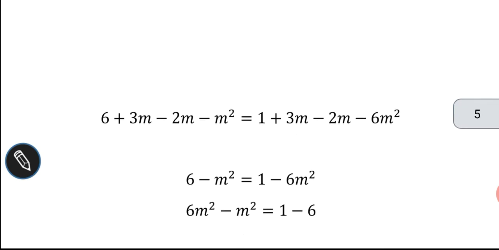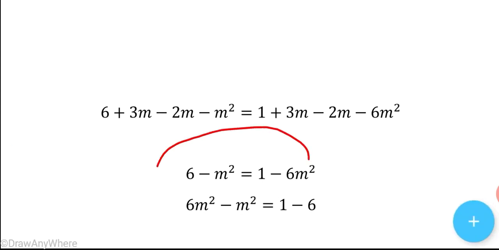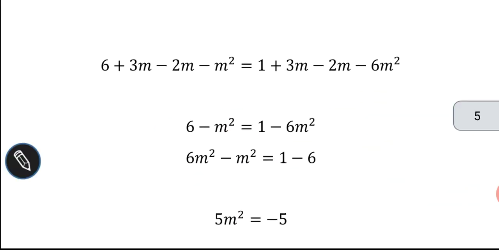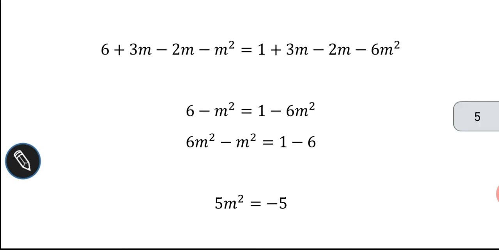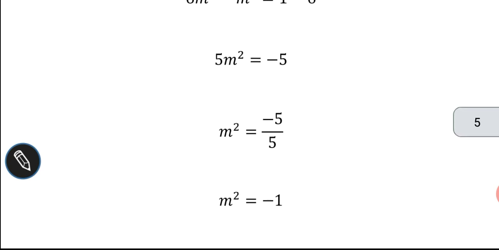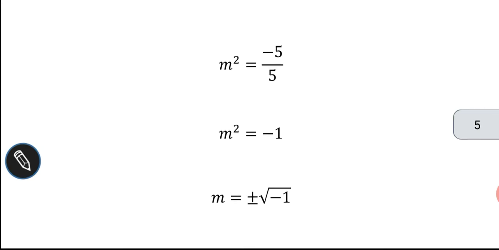Now move this 6m squared to this side, so it will become 6m squared minus m squared is equal to 1, and move this 6 to this side, so it will become minus 6. So 6m squared minus m squared is 5m squared, equal to 1 minus 6 is minus 5. So m squared is equal to minus 5 divided by 5, so m squared is equal to minus 1. So m is equal to plus or minus square root of minus 1.